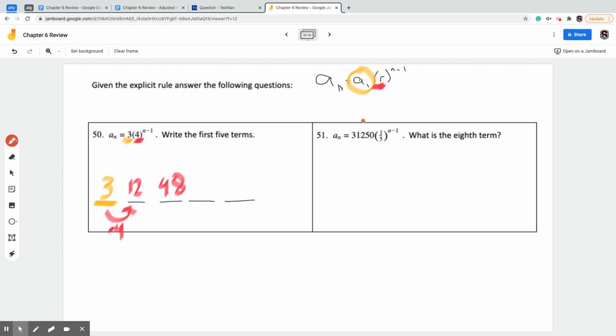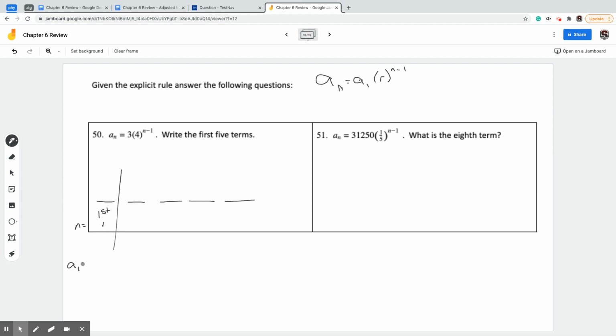Now that takes a lot of understanding of what this equation means. Let's go back and say, well, if you just simply wanted to plug it in, what would you do? Well, this is my first term, which means my n equals 1. And so let's plug it in.